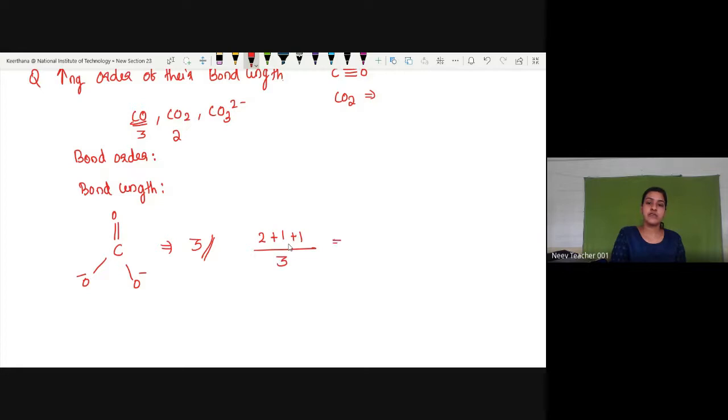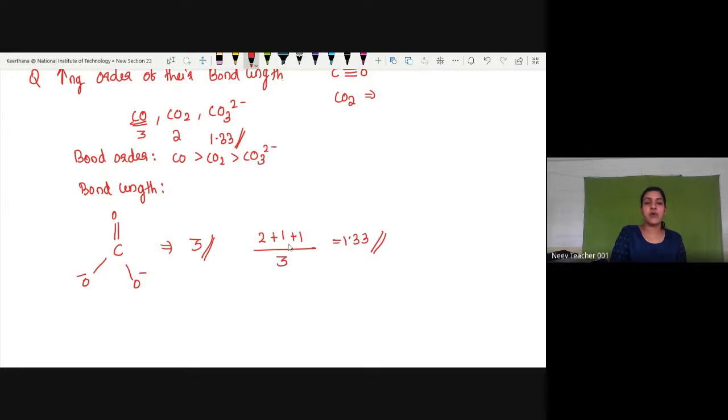So 4/3, which is 1.33, is the average bond order. So arranging these compounds in the order of bond order, CO is greater than CO2 is greater than CO3 2 minus.